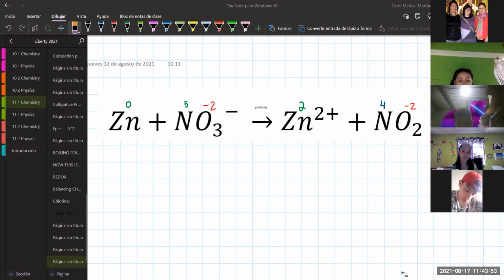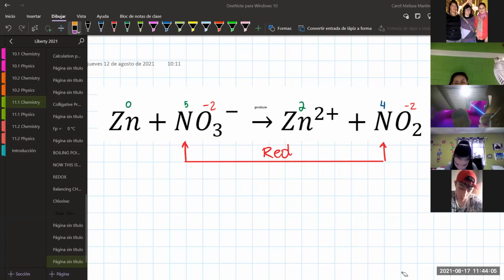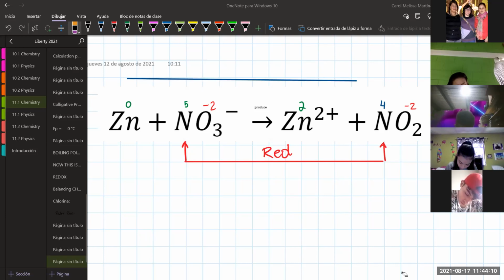Nitrogen. Nitrogen is being reduced, from nitrogen 5 to nitrogen 4. What element is being oxidized? Zinc. Zinc is being oxidized from zinc 0 to zinc 2, okay? So my oxidation occurs right there.